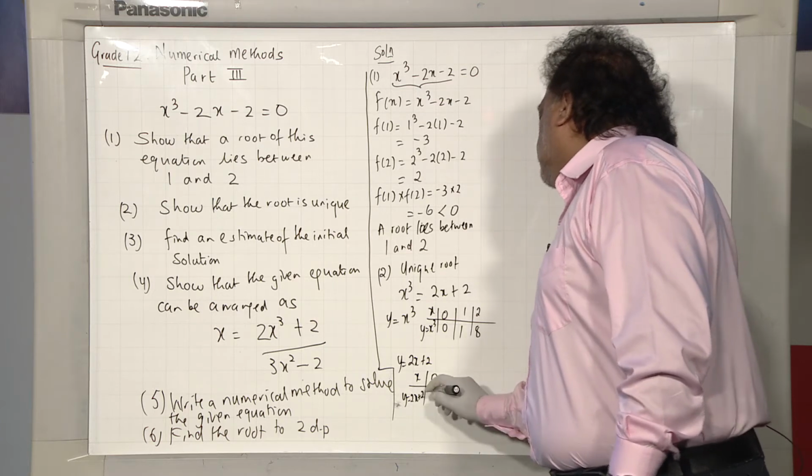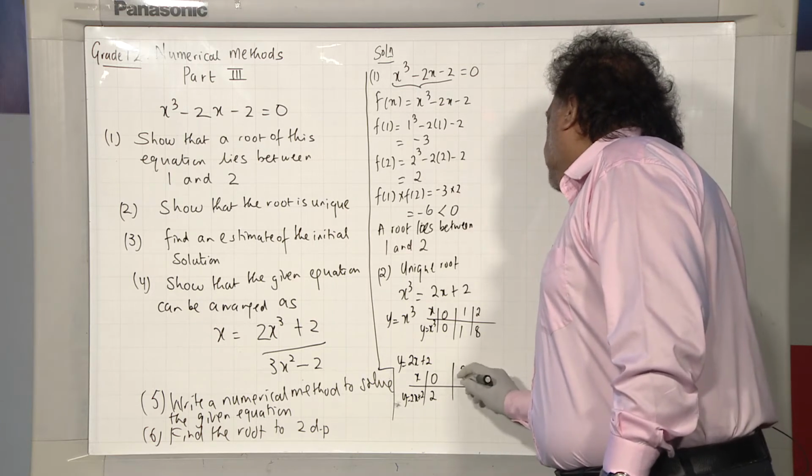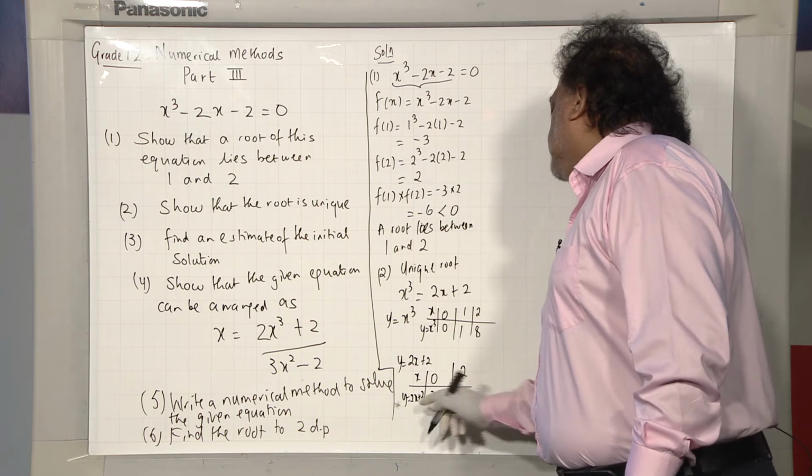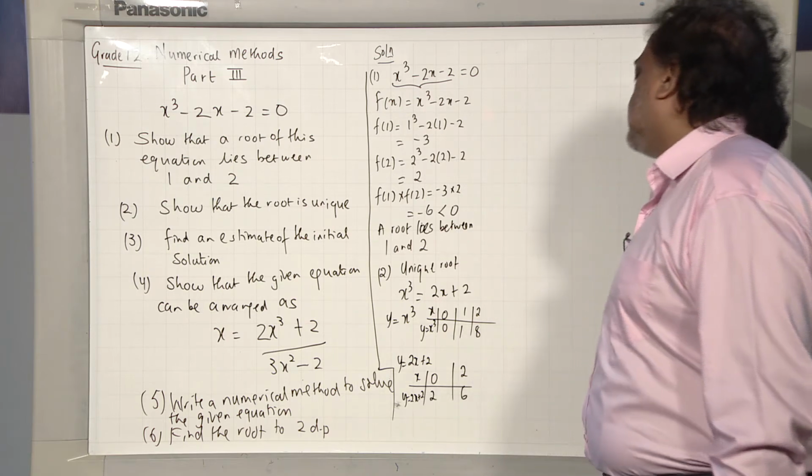And then you have the line y is equal to 2x plus 2. When x is 0, y is 2. When x is 2, 2 times 2, 4, plus 2, 6.